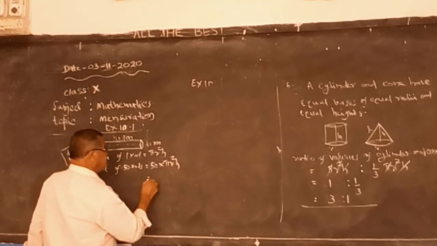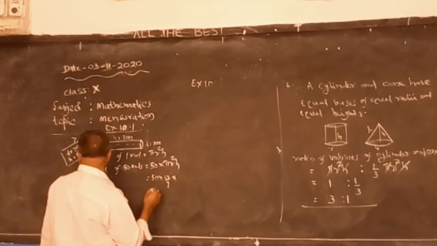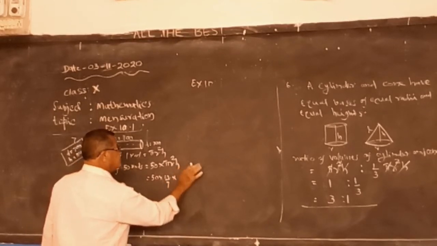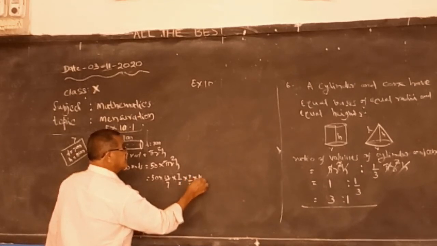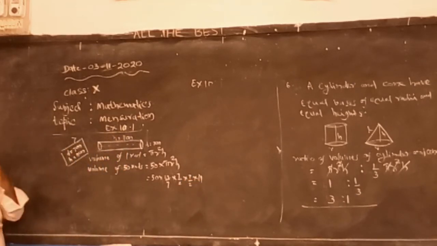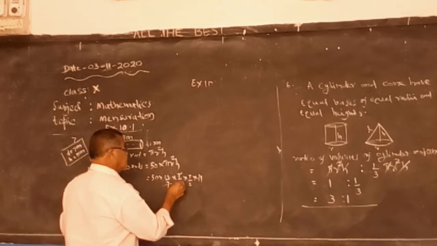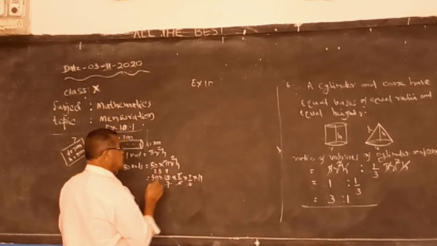That is 50 into 22/7 into the radius 7/2 into 7/2 into h, 11. Now multiply. 7 cancels, 2 ones are 2, 2 elevens are 22, and 2 twos are 4, 25.